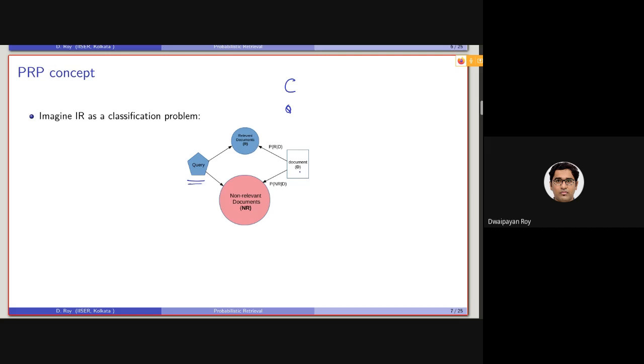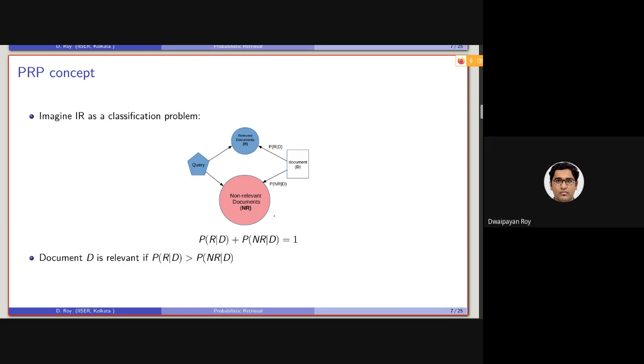Now, given a document, it can have the probability that the document is non-relevant, or the probability that the document is relevant. Basically, probability of relevance given the query and probability of non-relevance given the query. That is indicating whether the document under consideration belongs to this set or this set.